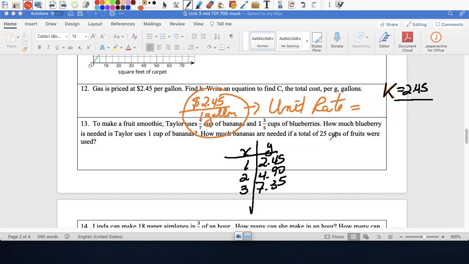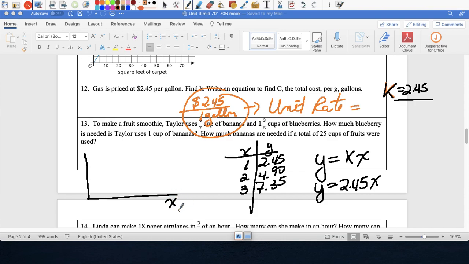So we know k is our constant of proportionality, and if I know k, you know the equation: y equals kx. But they didn't want this in this form. Remember, let me write this down. This is our x, our input, also known as our independent variable.